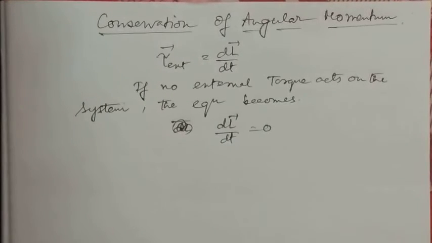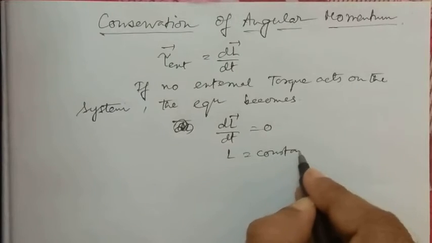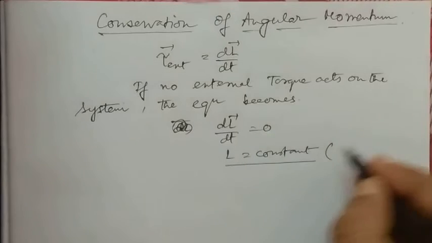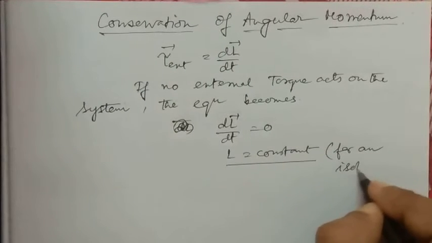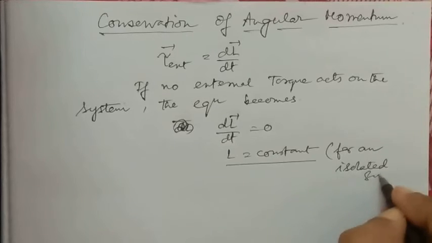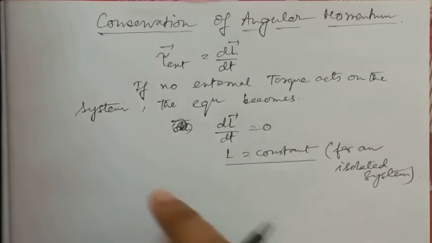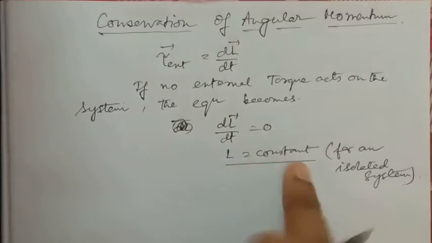So dL by dt equal to 0 means L is a constant. This is written for an isolated system. It is not applicable for a system which is not isolated. Only for an isolated system, if the external torque is 0, that means L is a constant.